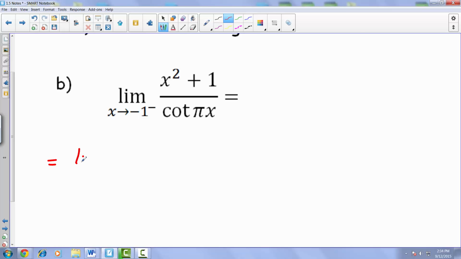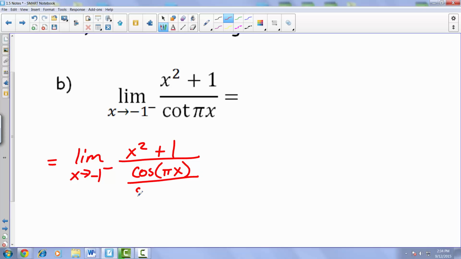We end up then with the limit as x approaches -1 from the left side of x squared plus 1 divided by cotangent of pi x, which is the same thing as saying cosine of pi x divided by the sine of pi x.